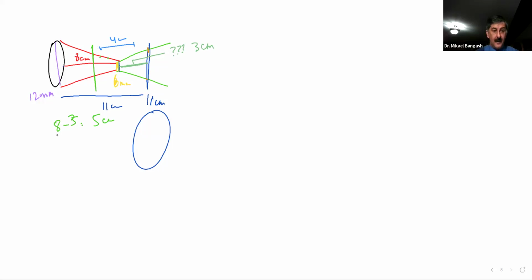So at a depth of 5 centimeters, we measure it here, the diameter of the beam is going to be the same as it was at a depth of 11 centimeters.